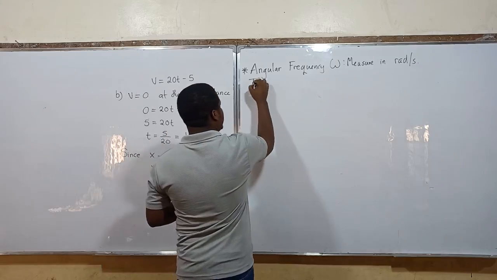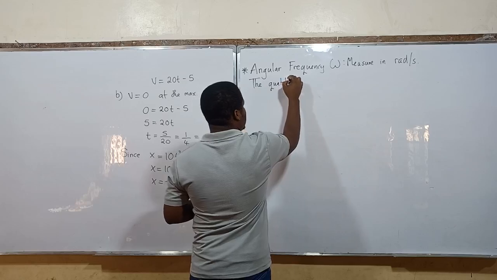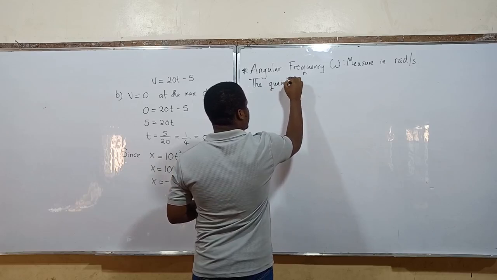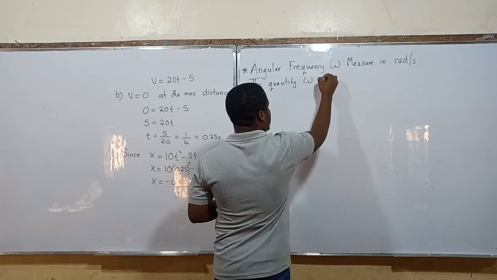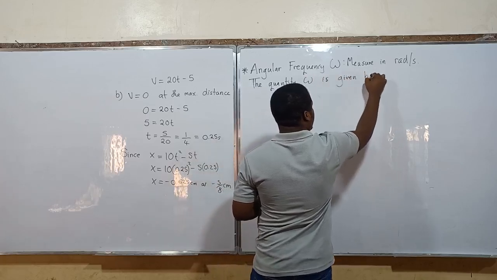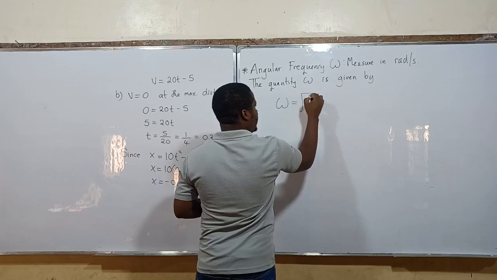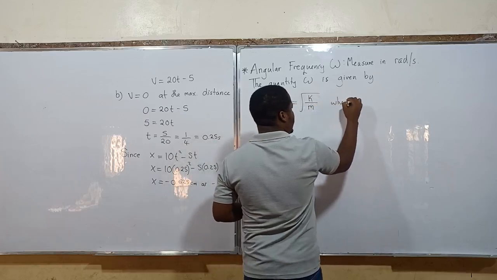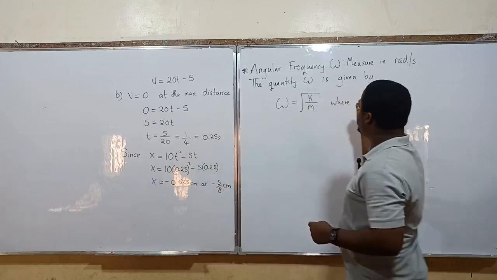The quantity omega is given by the formula omega equals the square root of k over m, where omega is the angular frequency.